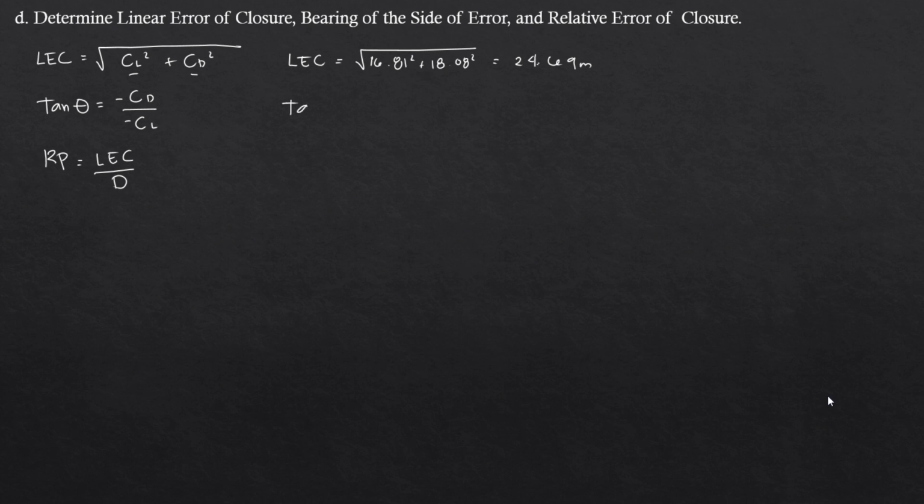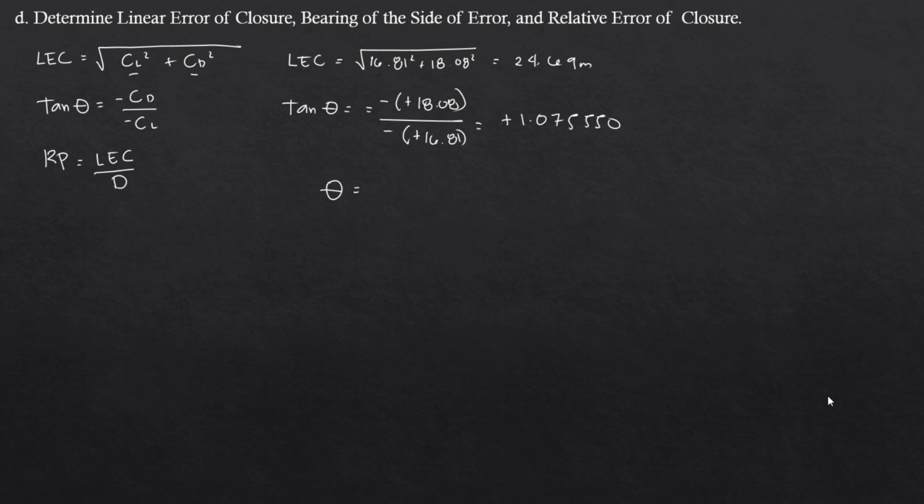So, meron tayong tangent theta is equal to, ilan yung CD natin? Yung CD is positive 18.08 over positive 16.81. So, ilan to? Positive 1.0755. Okay. So, pwede na makuha yung theta. Arctan of 1.0755.